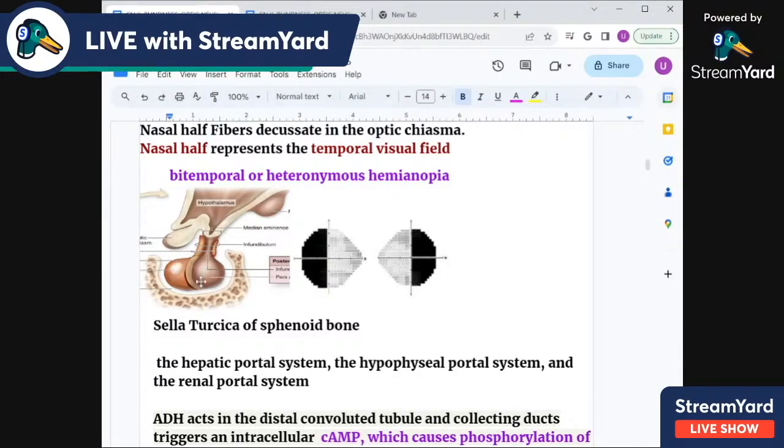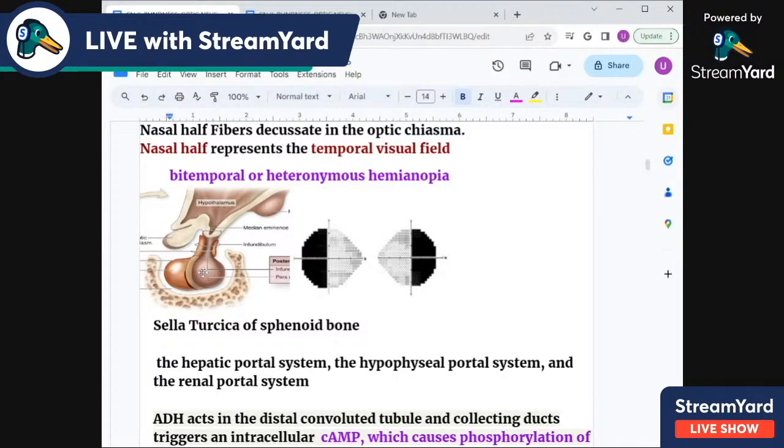They also bring the prolactin inhibitory hormone. Whereas the posterior pituitary is connected to the hypothalamus through the neural tract, the hypothalamo-hypophyseal tract. What hormones do they bring? They bring two hormones, oxytocin and vasopressin. The pituitary doesn't make them; they are only stored in the pituitary. They are made in the hypothalamus.